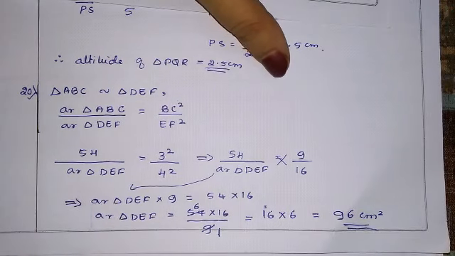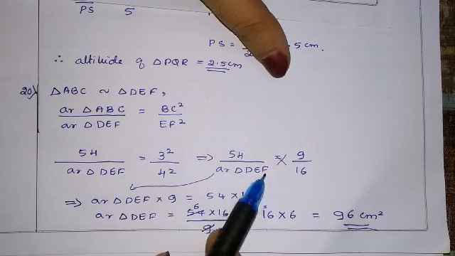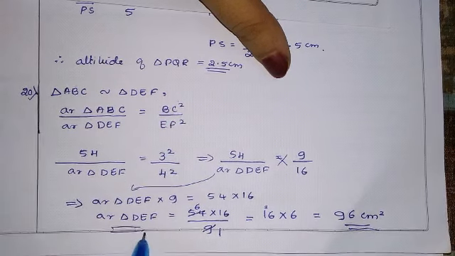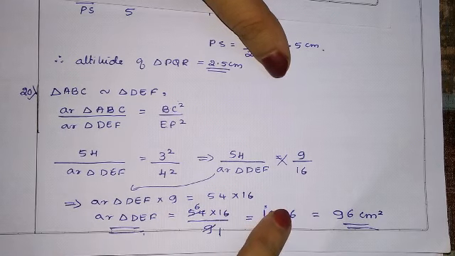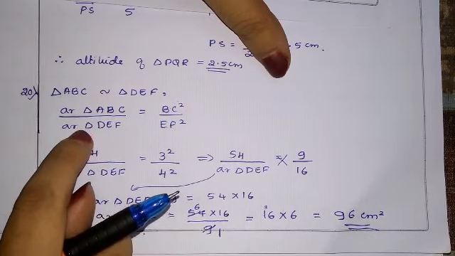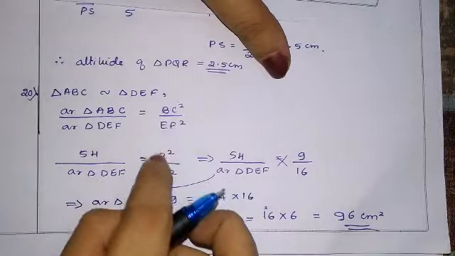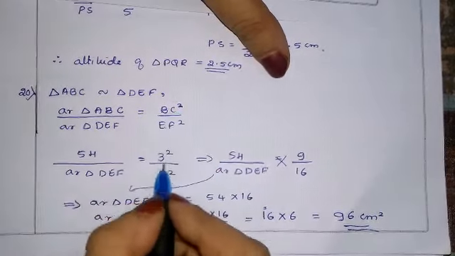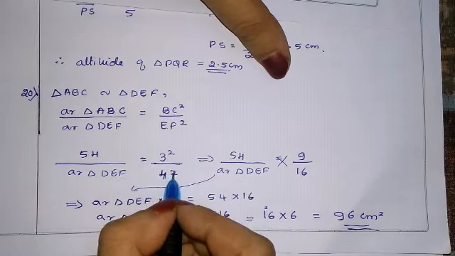So what they had given here: area of ABC, BC value and EF value, and we have to find the area of triangle DEF. So easily we have found it. How? Area of ABC 54 we wrote, area of triangle DEF as it is, BC value given 3 squared, upon EF value 4 squared.